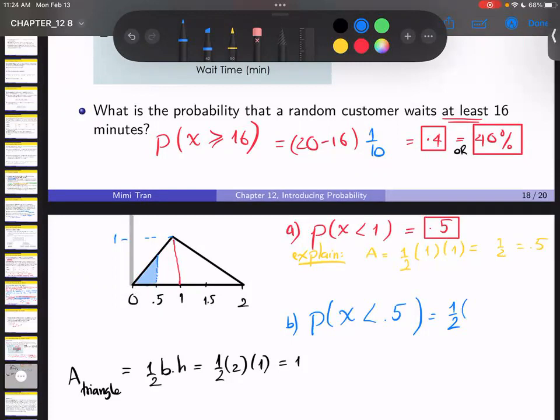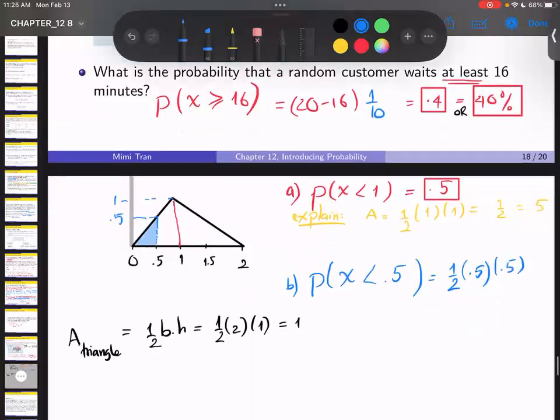Half, right? I'm going to say 0.5 here, that's the base. And the height is this one, another 0.5, because this is an isosceles triangle. Cut this part right here in half, so that's 0.5. So 0.5 times 0.5 divided by 2 is 0.125.